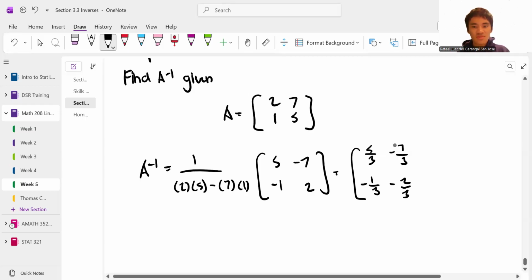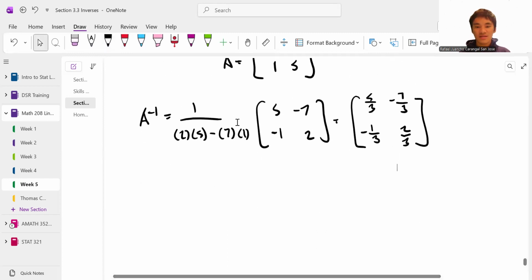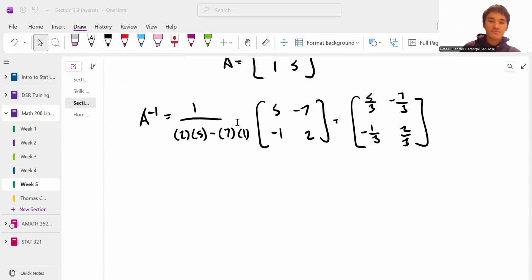Oh no, this is positive. And voila, there's my inverse. To check, we just multiply these two things together and see if we get the identity, and you can do that. Now, based off of all of that, we can update the unifying theorem that we've been using. So let's just update the unifying theorem.